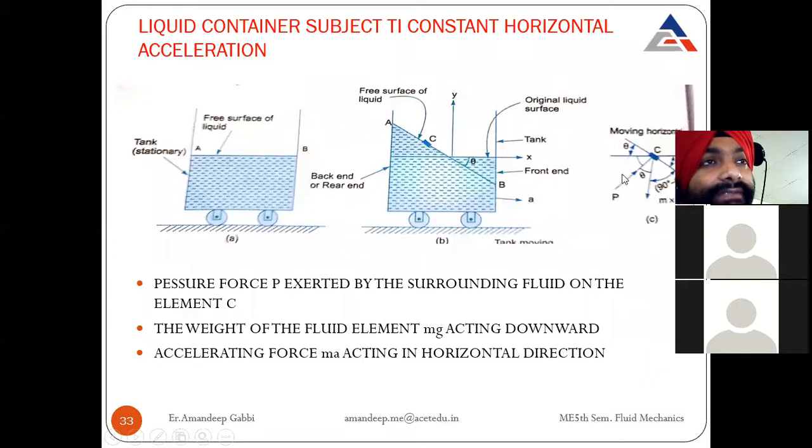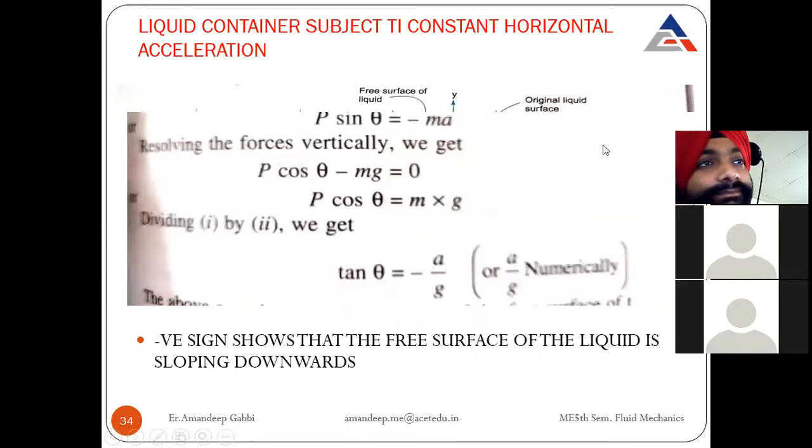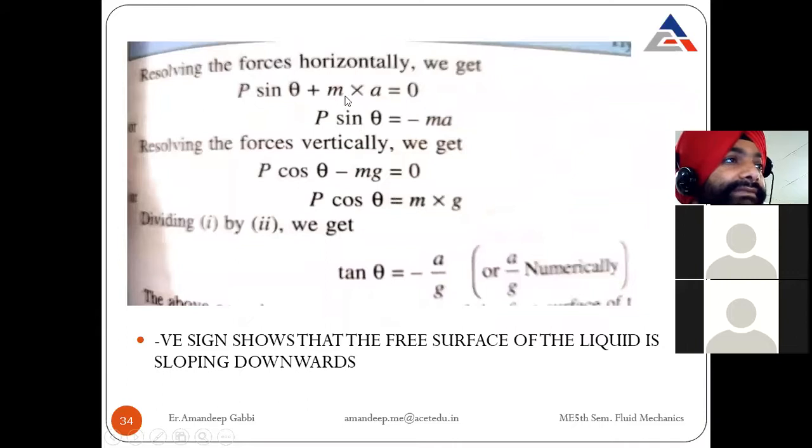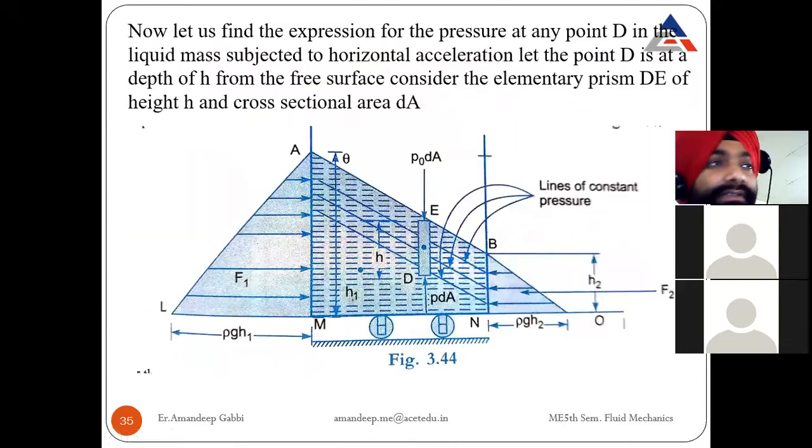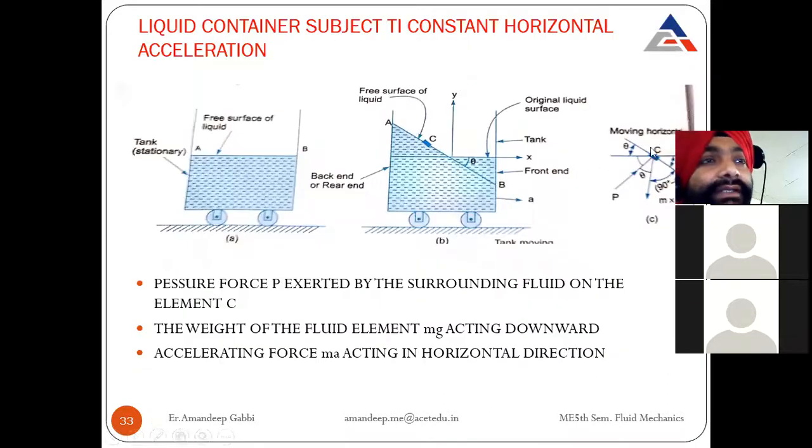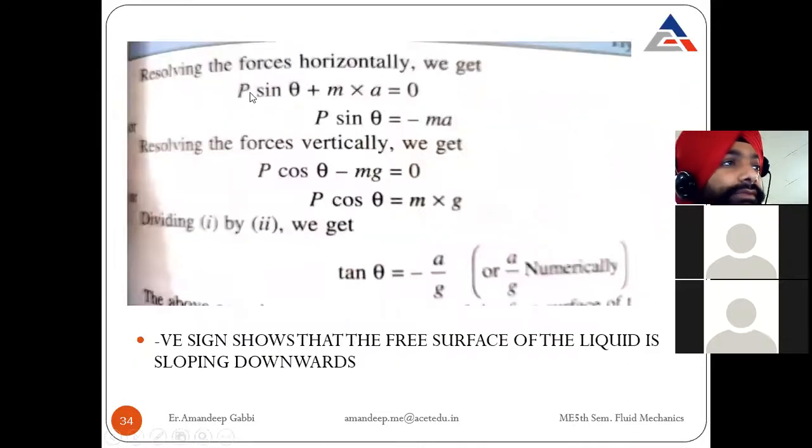Now horizontal component is P sin theta, and ma. These are the two forces that are acting horizontally. Now mg cannot be horizontal, there will be no component of mg, which is acting vertically downward. So P sin theta plus ma is equal to 0. You can calculate P sin theta is equal to minus ma.